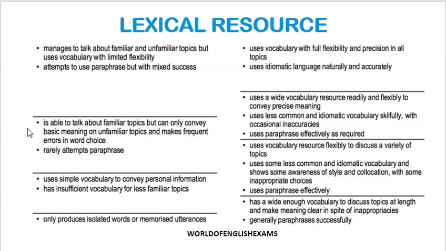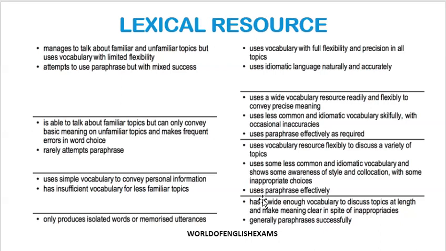So what should you make a note of, guys? You have to make sure that you avoid using too many simple words. You have to try using synonyms, paraphrase as much as possible. Band 3 rarely attempts paraphrase. Band 4 attempts paraphrase but with mixed success. Band 5 generally paraphrases successfully.